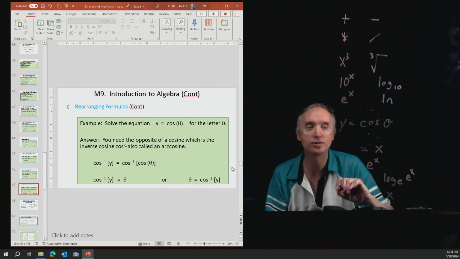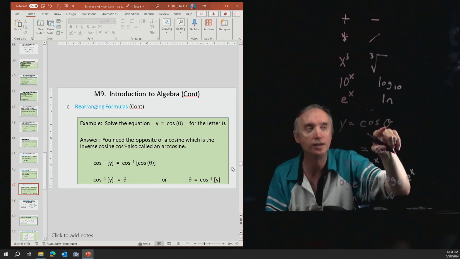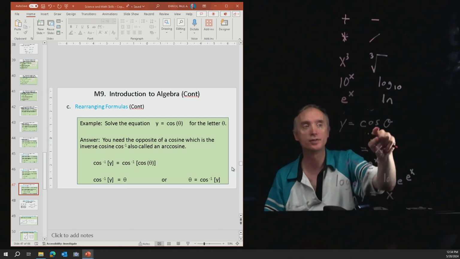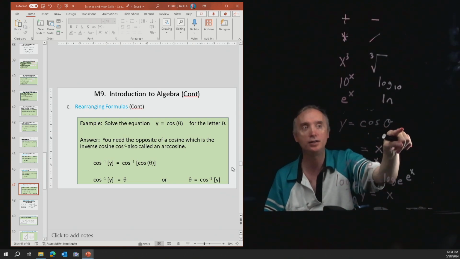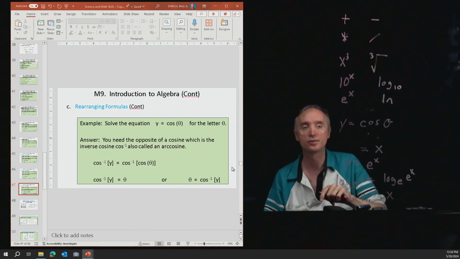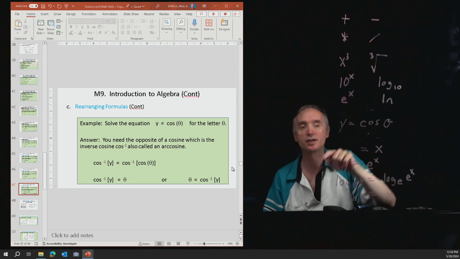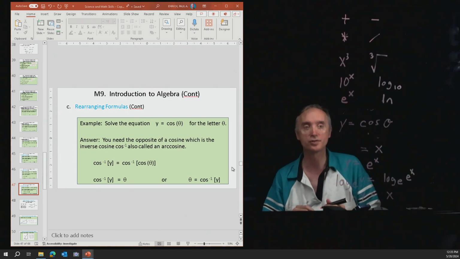Then the question is, how do we get this angle by itself? So we want to rearrange the formula so it says this angle equals something. So what we're going to do is the opposite of a cosine is going to be called an arc cosine. It's the opposite of it.